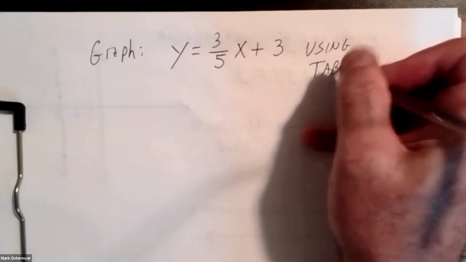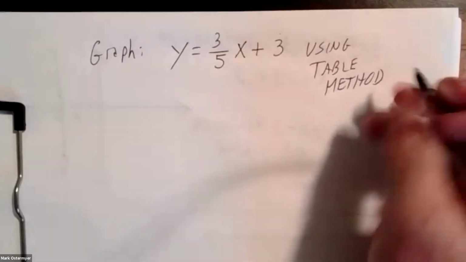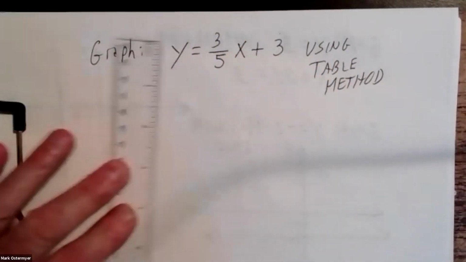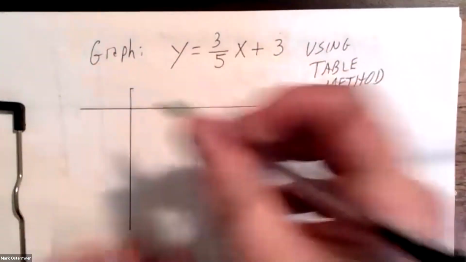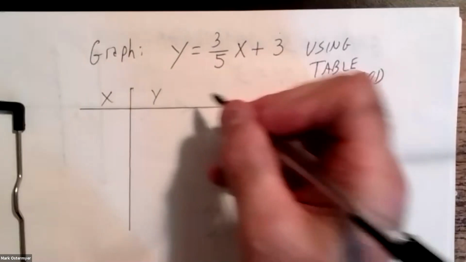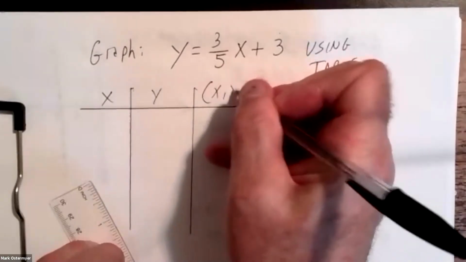And I wanted you to use the table method. Well, again, we make ourselves a table here: X column, Y column, and then our last column is our ordered pair column, (x, y).